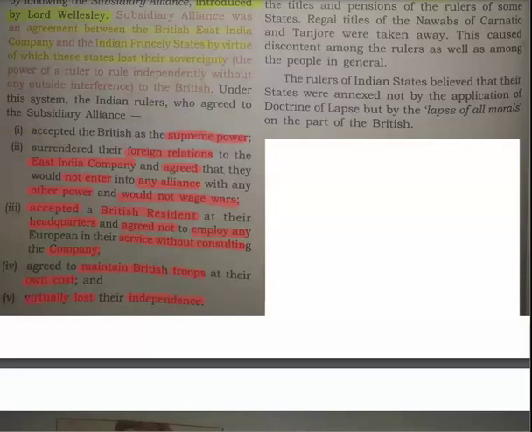Accepted a British resident at their headquarters and agreed not to employ any of the Europeans in their service without consulting the company. Agreed to maintain British troops at their own cost. Virtually lost their independence.